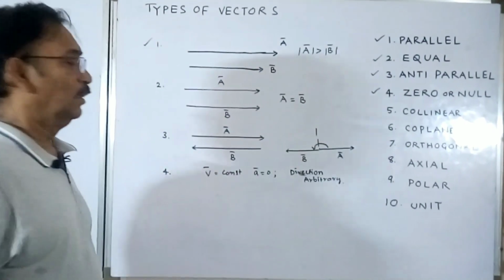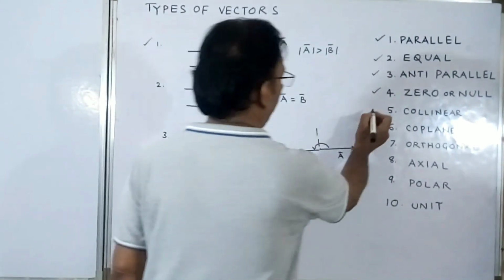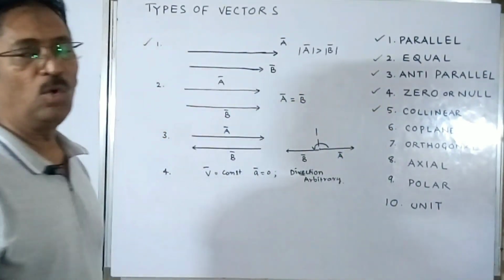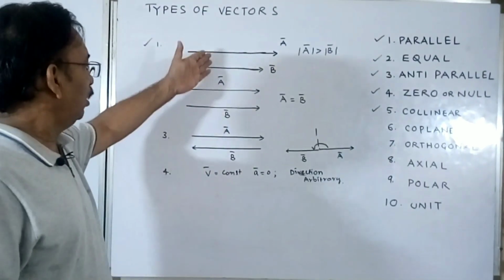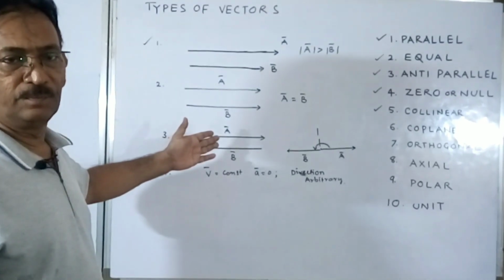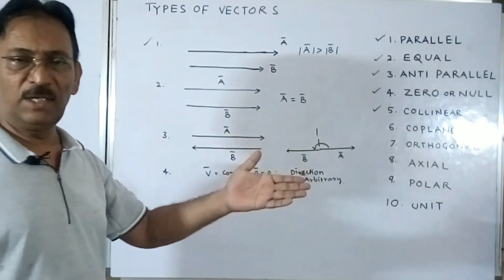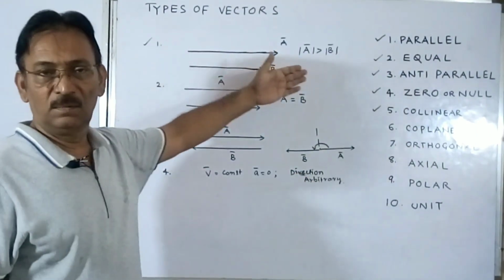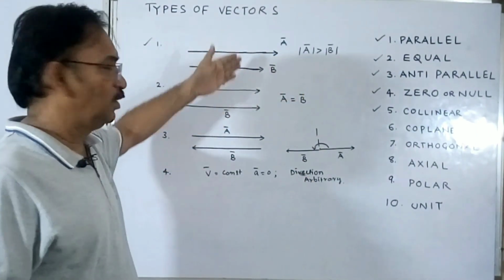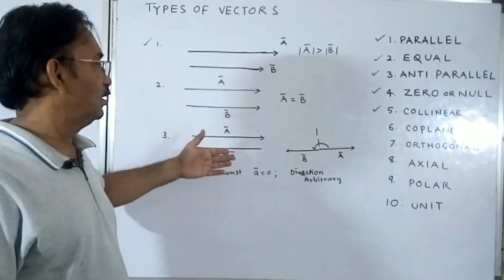Okay. Then after, we talk about collinear vectors. If you watch the board carefully, you will find all these vectors are collinear. Linear means along a straight line. These vectors are said to be collinear vectors.